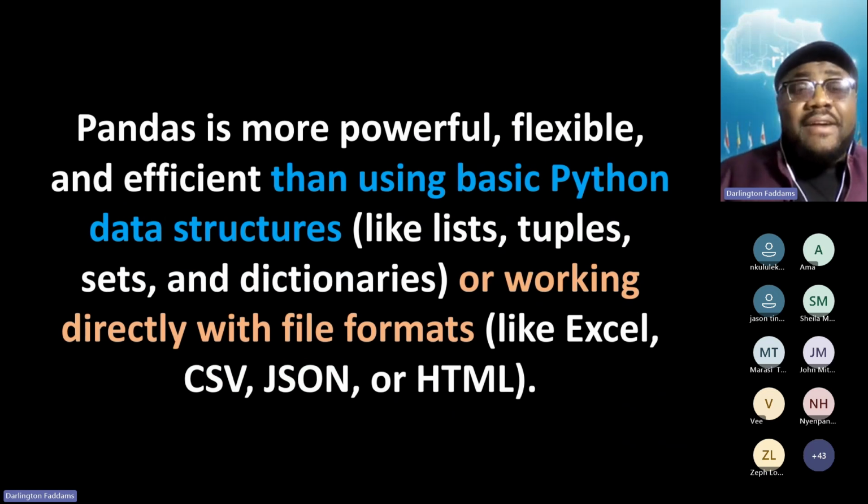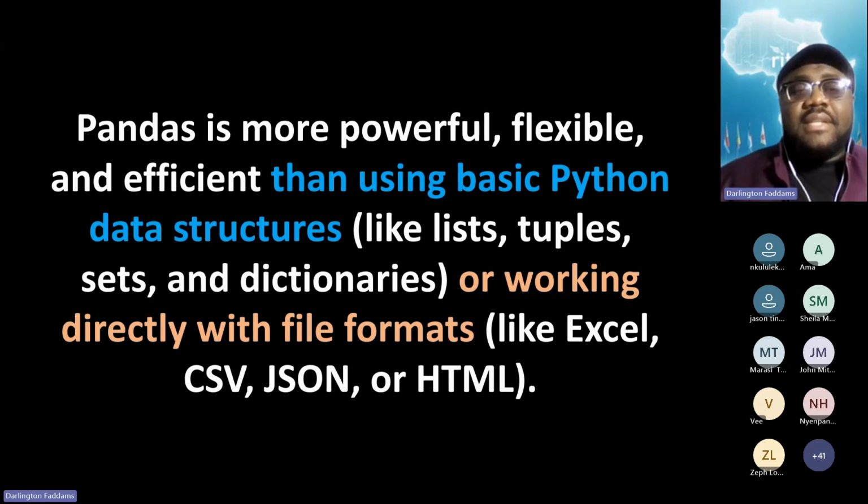Pandas is more powerful and more flexible and efficient than even the basic data structures in Python, like lists, tuples, sets, and dictionaries. So you can see how a list can allow you to easily manipulate data in the form of an array. But Pandas is more powerful than that.